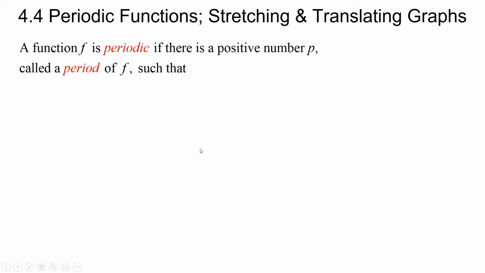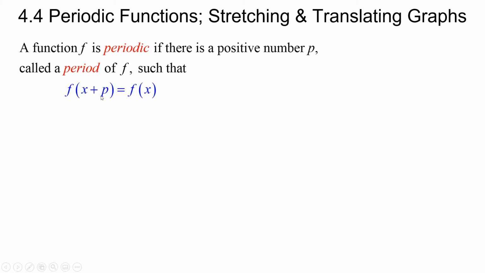So, a function f is periodic if there is a positive number p called a period of f such that f of x plus that fundamental period p equals f of x. And you guys know if you add p to your x value in a function, that is a horizontal translation, either right or left, depending on the sign of p.